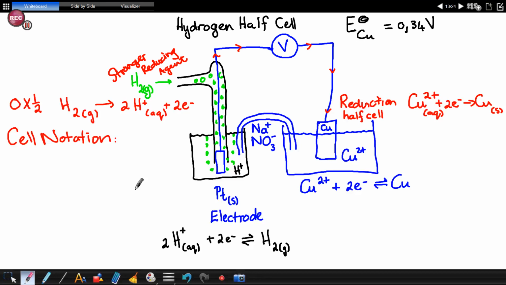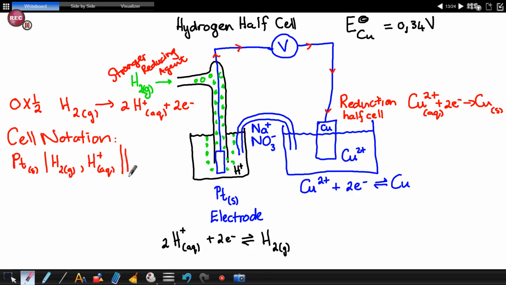What would you find on the outer edges of the cell notation? Electrode. Yes. What is the electrode in the hydrogen half cell? Platinum. So we start with Pt, the electrode, slash. Now, what's next? The H2 gas, comma, hydrogen ions, aq.